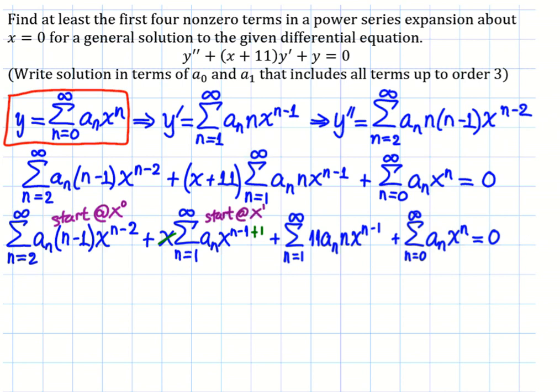The next series, we start at n equal to 1, x to the n minus 1, so x to the 0 power. The next one, we start at x to the 0 power.